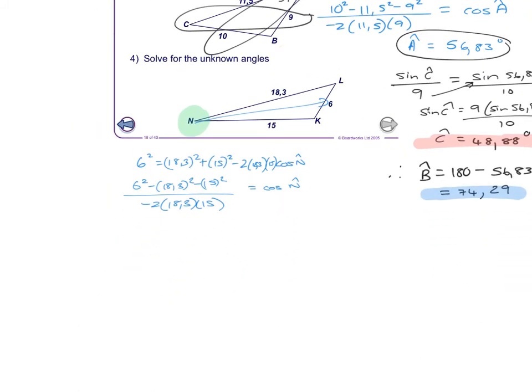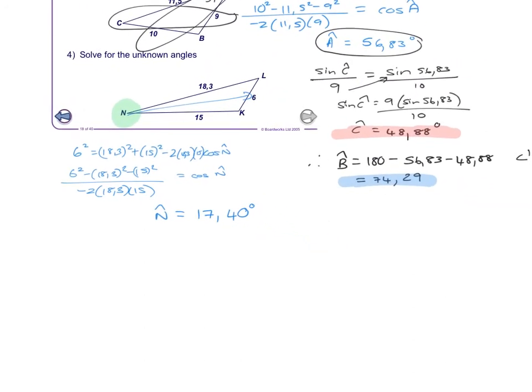So in your calculator, shift cos of that fraction and you're going to get N by itself. And you get it to be 17,4 degrees.